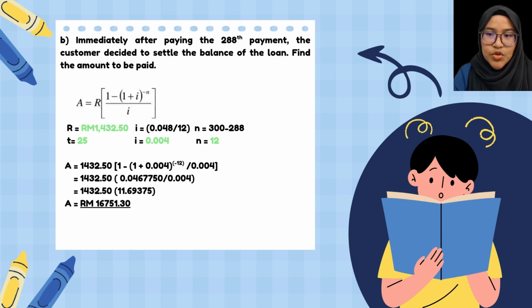And I is 0.004. But for N, we take 300 minus 288 because we want to settle the remaining payments. So N equals to 12. So we substitute all the information inside the formula.